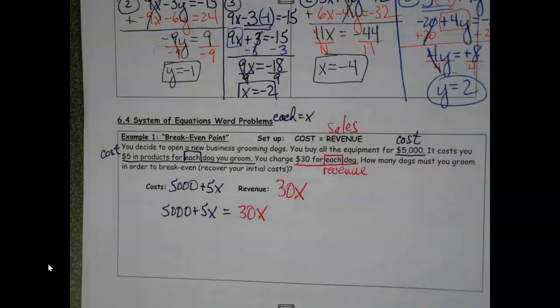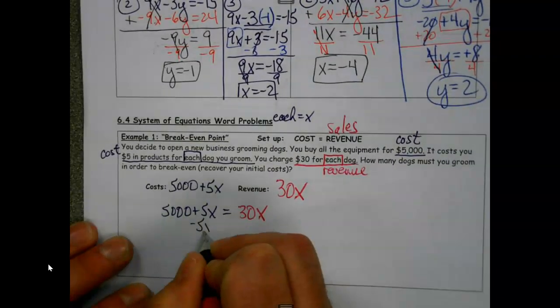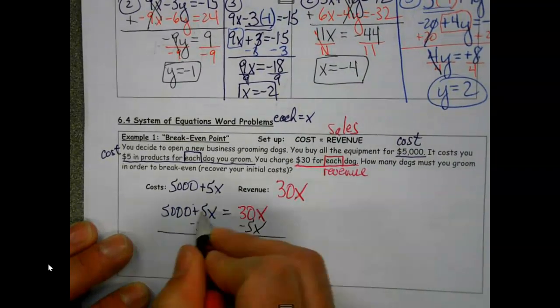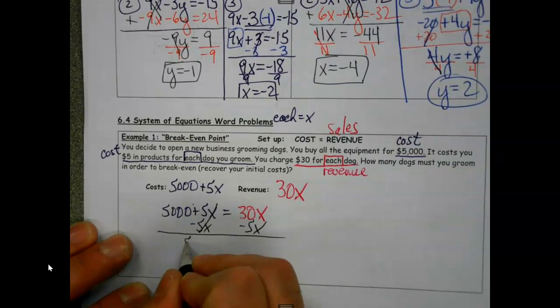Now this is just me. Whenever I see a problem where I have X on one side and it's all by itself, that's where I want to move all the X's. I really don't want to move the 30X to this side because then I can run into problems. So I would say opposites, always got to do opposites when they're on opposite sides here.